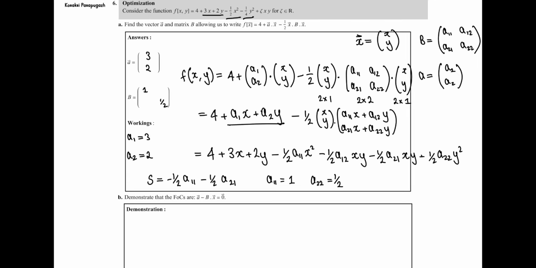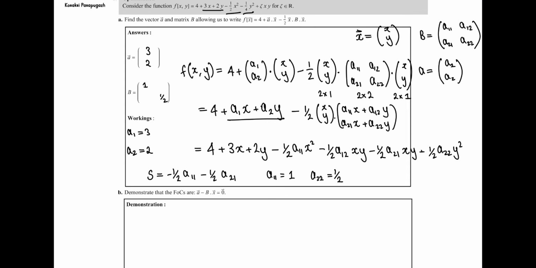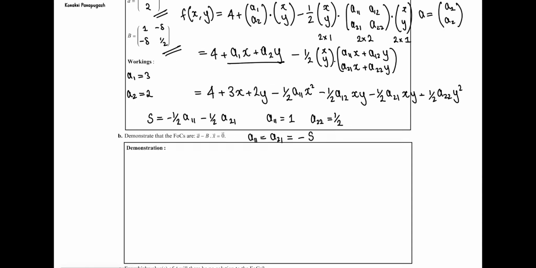So that means that a11 and a21 both have to be, a11 is equal to a21, which is equal to minus the symbol, because when I sub in that, we get a half s plus a half s, which will equal s. So that would be minus that and minus that. So that would be our A vector, and that's our B matrix.